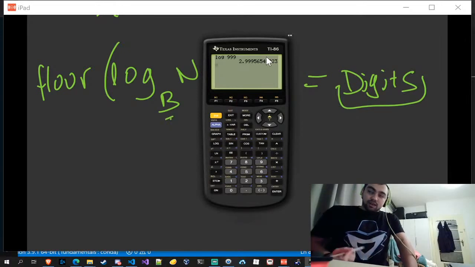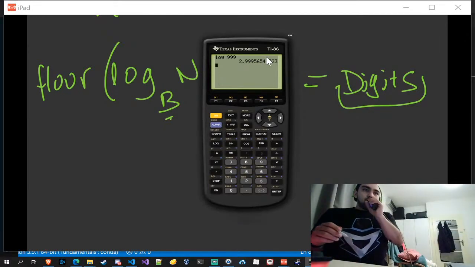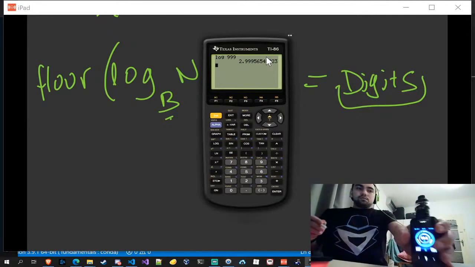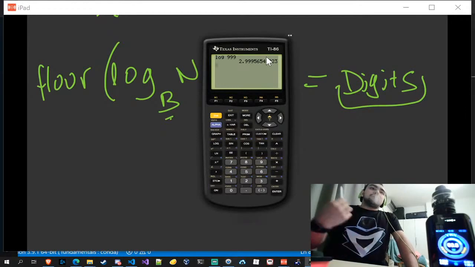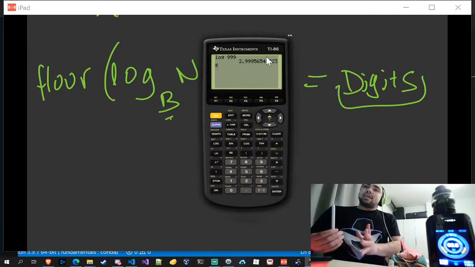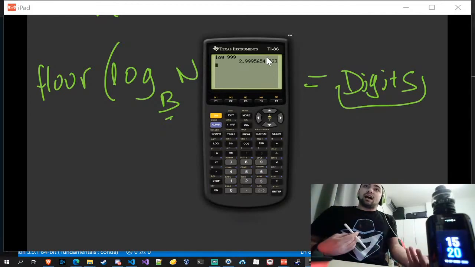So if you use this for base 16, for example, our highest possible value in a byte is going to be 255, right?